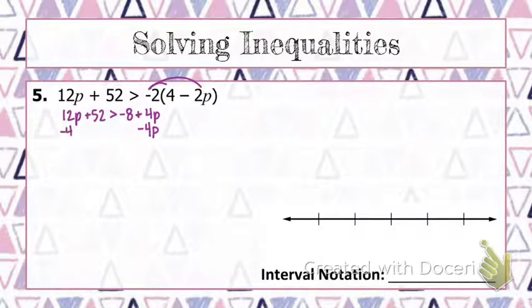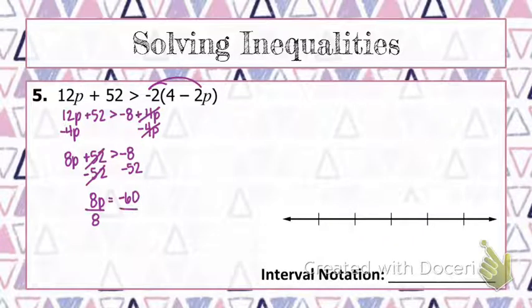So we'll subtract 4p from both sides. We're going to get 8p plus 52 is greater than -8. Then we'll subtract 52 from both sides. We're going to get 8p is greater than -60. Divide both sides by +8.